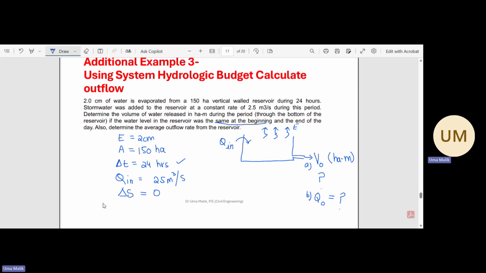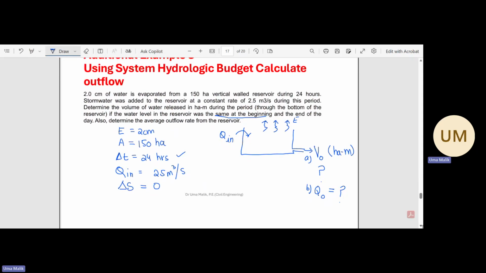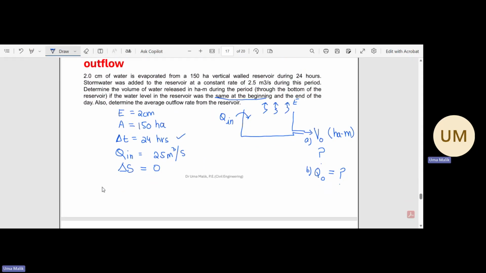So based on what we know, we will again write our equation. Step 1 is to write the budget equation, which will be P minus Q out minus Q in minus ES plus EG.